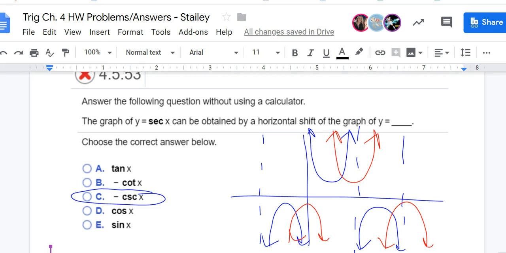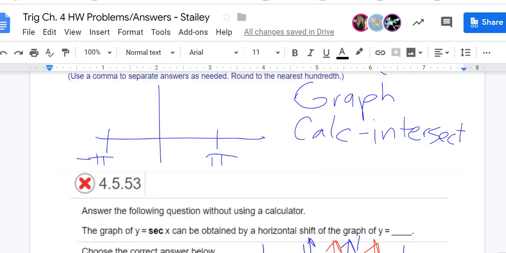The other one was cosecant. And so if you flip the cosecant over, it's going to look like the red one. Could you shift the red one so that it landed on the blue one? That's pretty much what they're getting at. The answer is yes, you could, by a horizontal shift of that particular graph. They didn't even ask me how much. I believe it would be pi over 2, but okay, next.